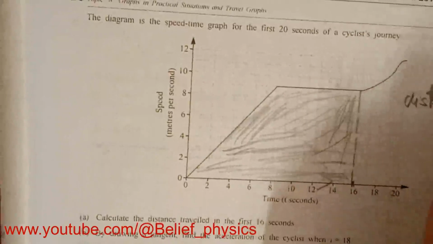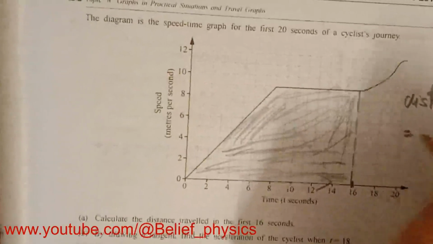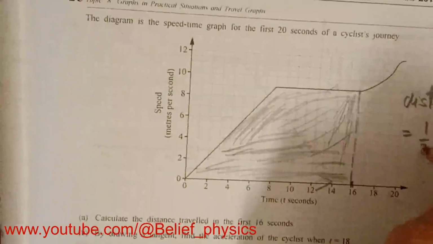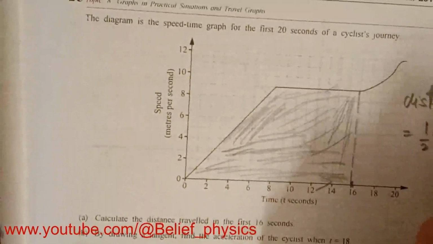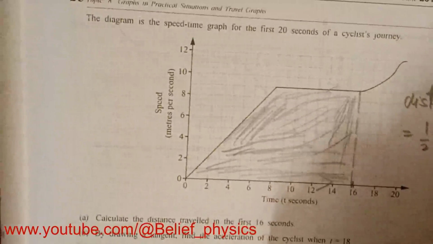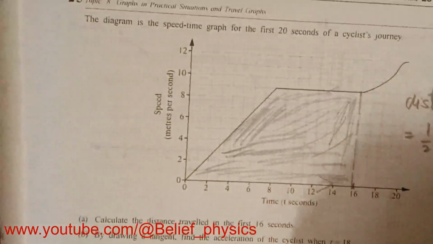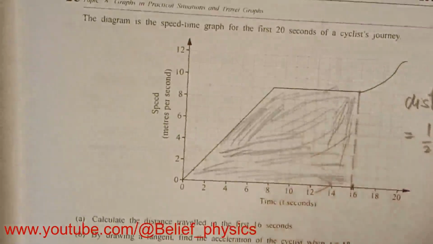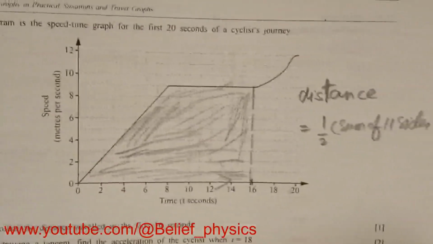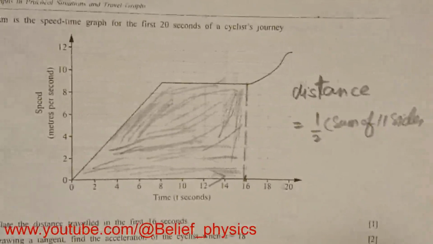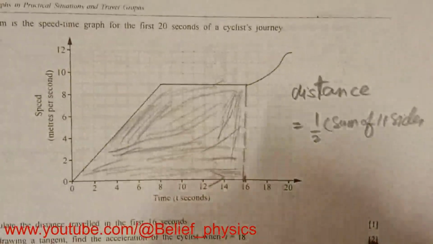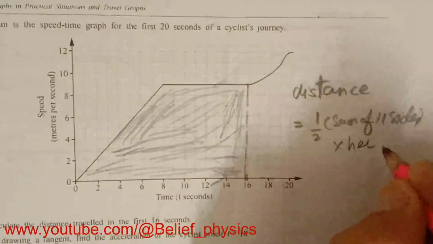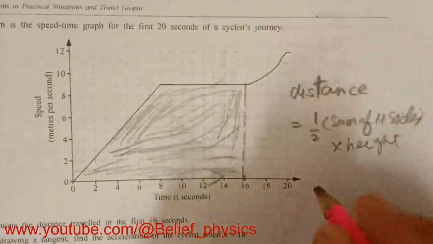Distance in the first 16 seconds is equal to the area of the trapezium, and the area of the trapezium is 1/2 into the sum of parallel sides into the height, the distance between the parallel sides.